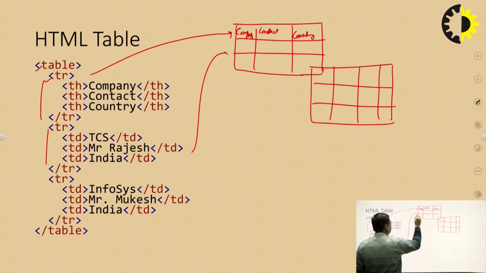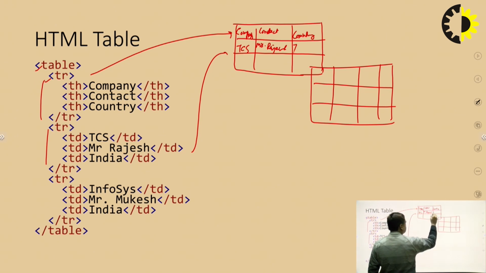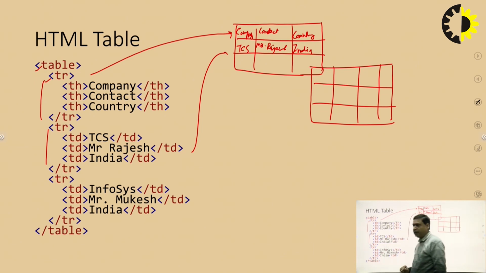In the second row, the first column is TCS, the second column is Mr. Rajesh, and the third column is India. To write any column, we are using the TD tag. See the difference: TH is the table header, so the display of the table header will be different.